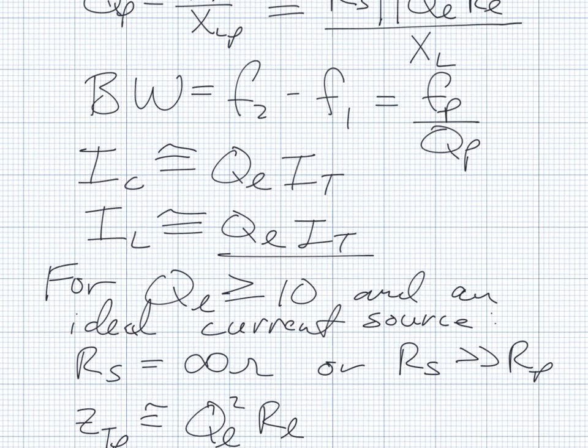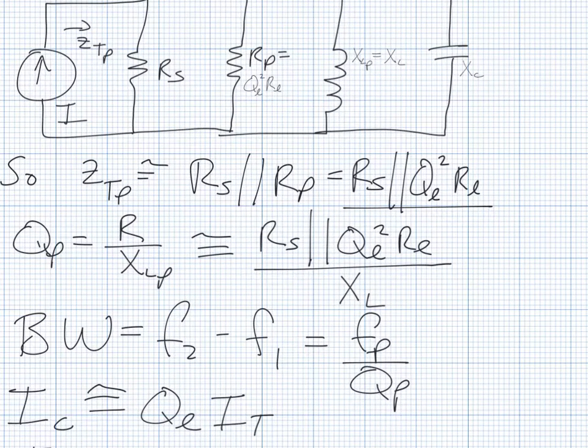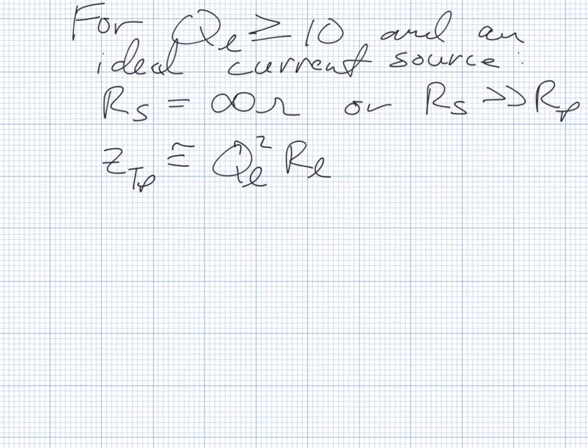So if we go back to when we were talking about the total impedance here, we always had RS in this, right? So we had RS, and now we're saying if RS is out of the picture, you're really only left with this piece here.